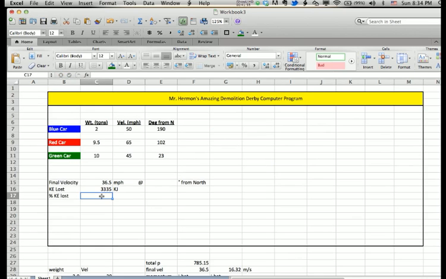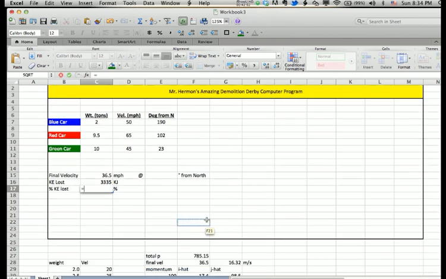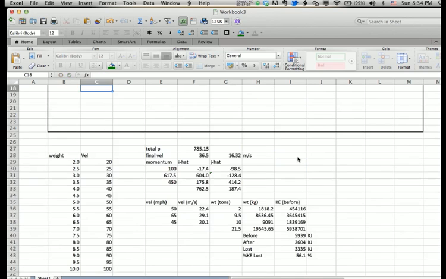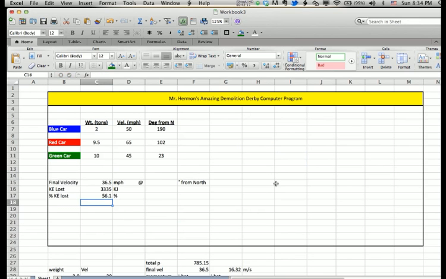So I could say equals, let's see, percent equals, what cell was it? That one. Okay, so we got the kinetic energy lost and the percent kinetic energy lost.